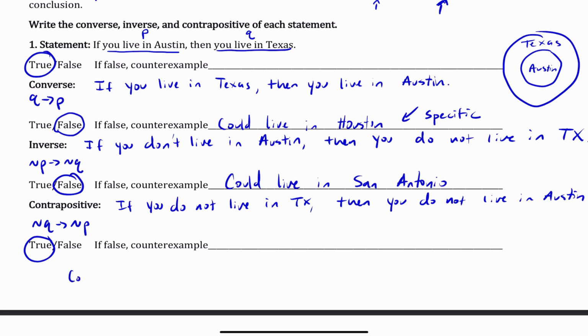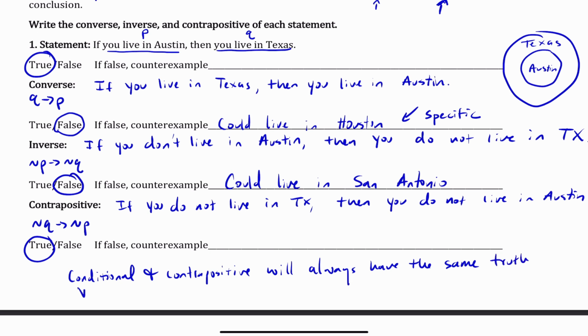So the conditional and contrapositive will always have the same truth value. Right? So here and here, they are true.